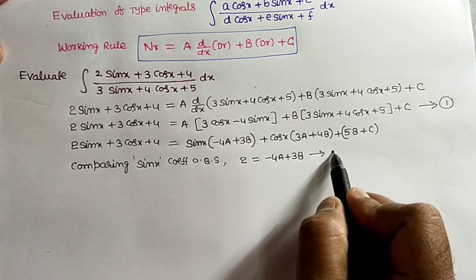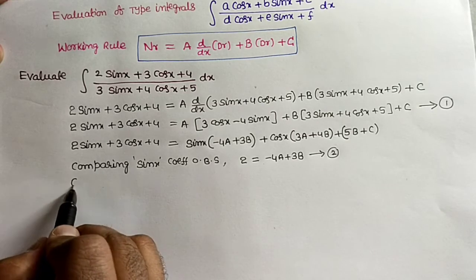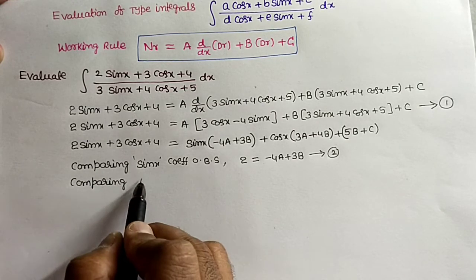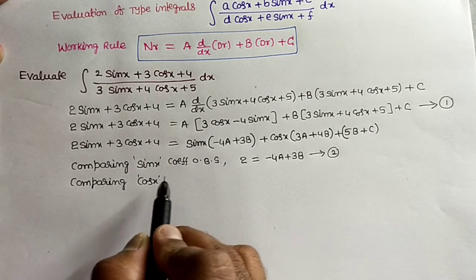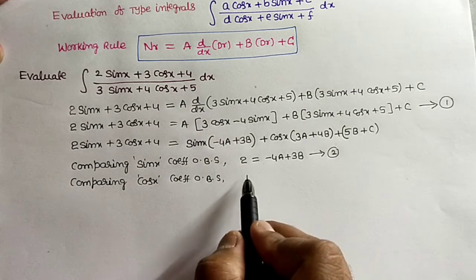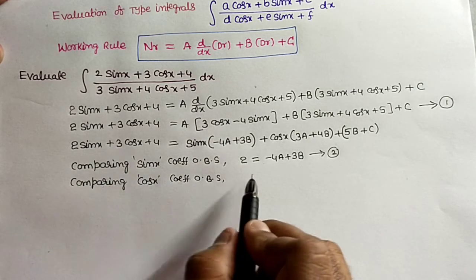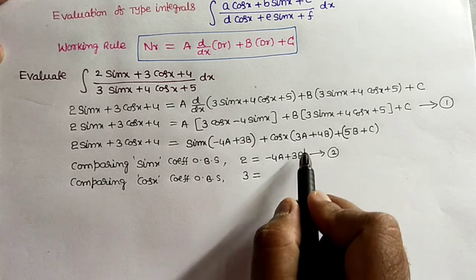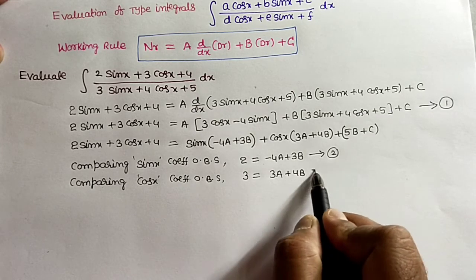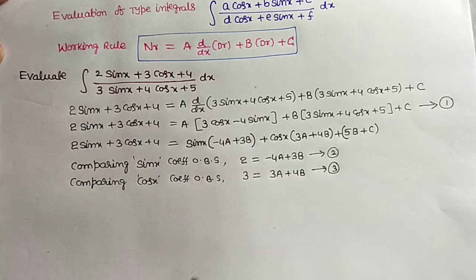Keep that as equation number 2. Comparing cos x coefficients on both sides: the cos x coefficient on the LHS is 3, equal to 3A plus 4B. Keep that as equation number 3.